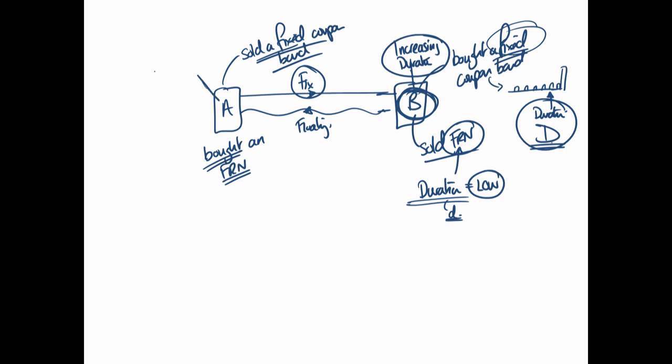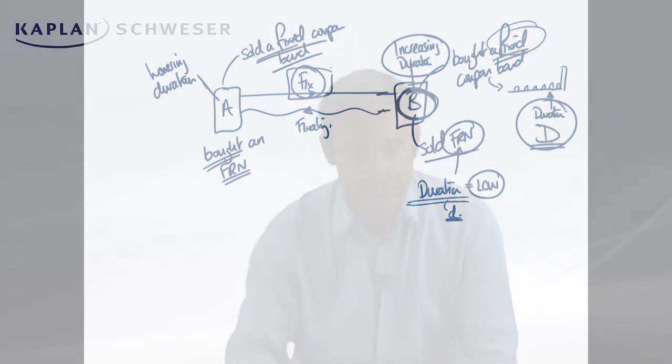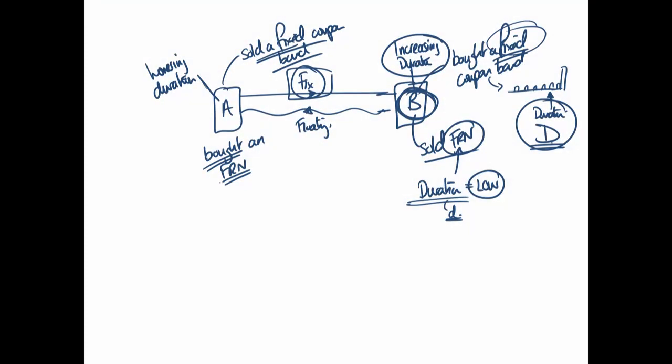A here is actually lowering their duration. Why? Because they're paying away the fixed leg, and away with that fixed leg goes exposure to fixed income. So down goes their duration, and in comes a floating rate note exposure, which is a small duration.